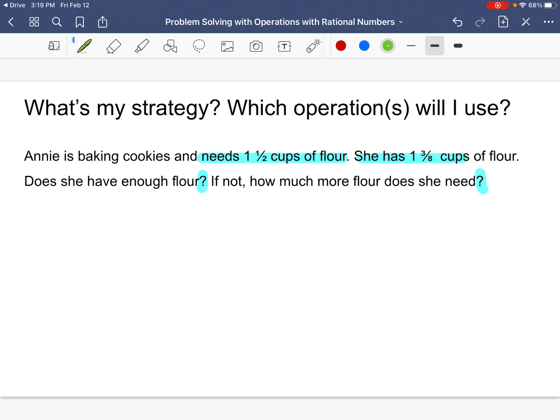So I'm going to model this problem by drawing a number line. And it's all positive, so I'm going to start here with 0, 1, 2. And she needs 1.5 cups, so that's about here. This is 1.5. I should label it, by the way, cups of flour.